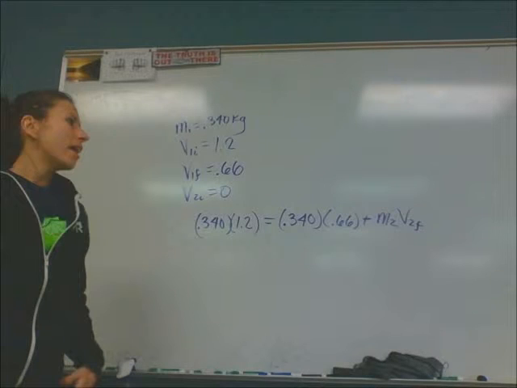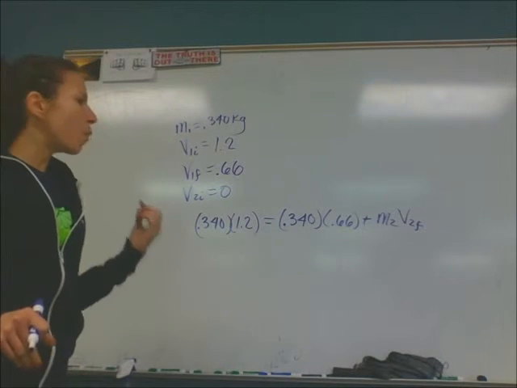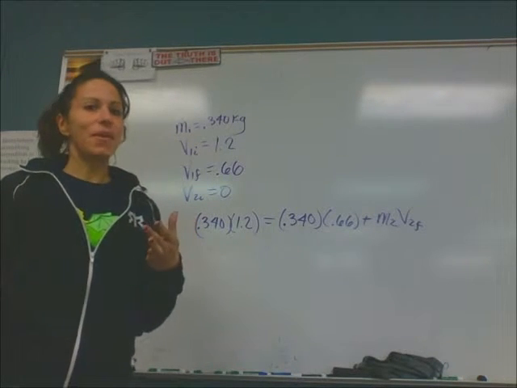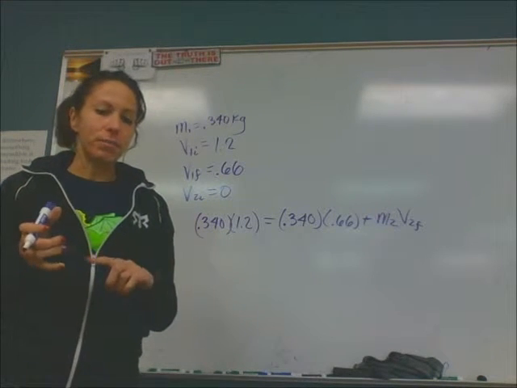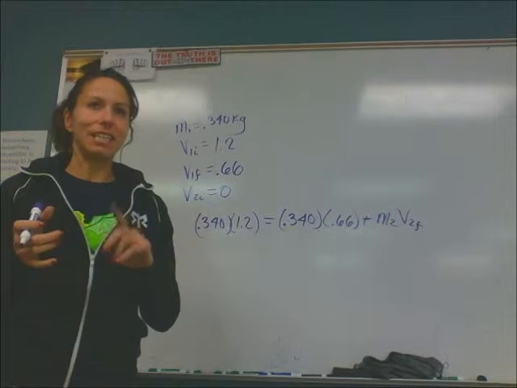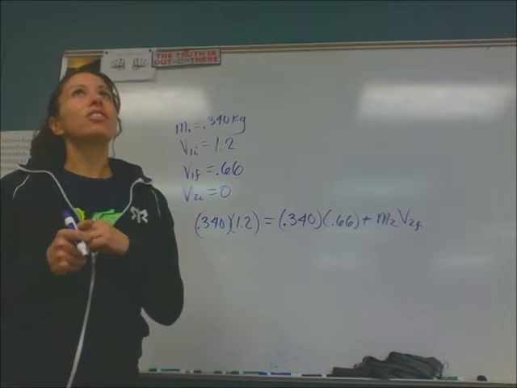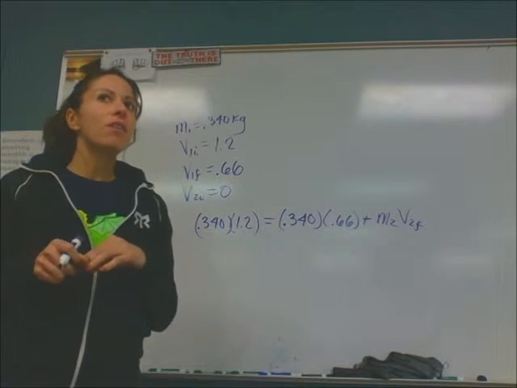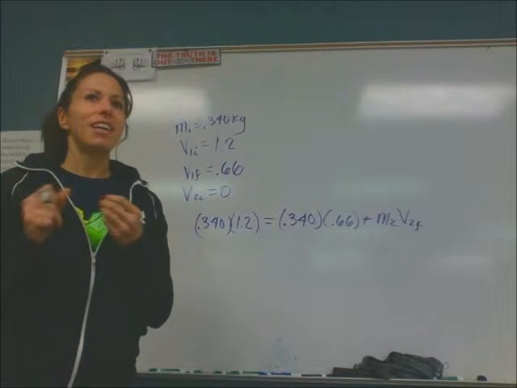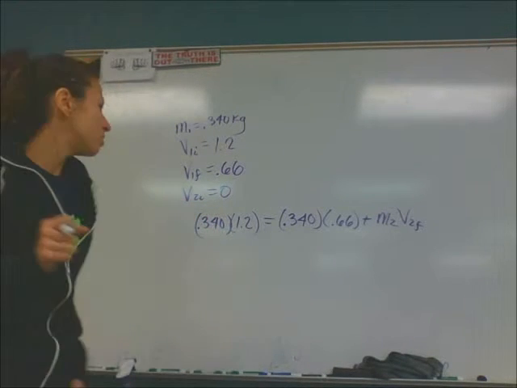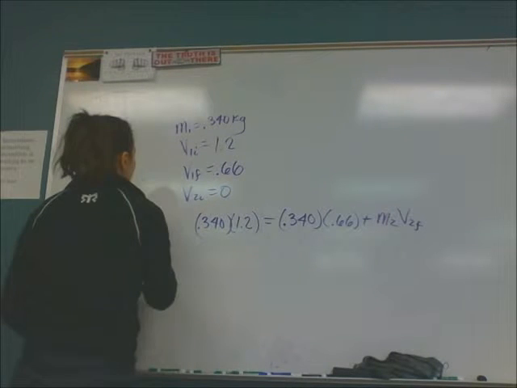So the total kinetic energy before the collision, which is 1/2 times the mass of cart 1 times its initial velocity squared, is equal to the total momentum, sorry, did I say momentum? I meant kinetic energy, is equal to the total kinetic energy after the collision, which is the kinetic energy of cart 1 plus the kinetic energy of cart 2.